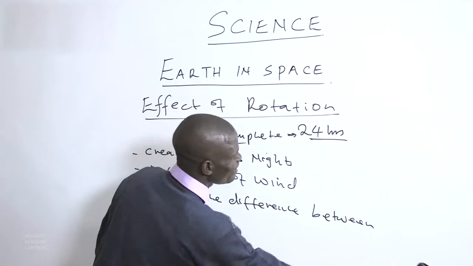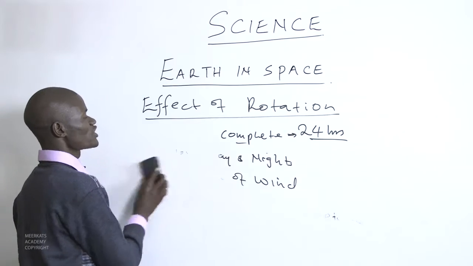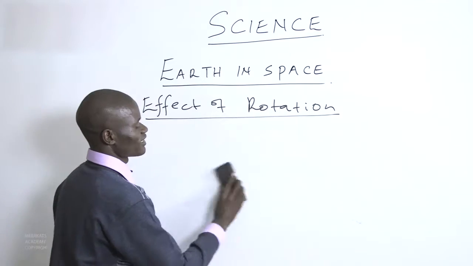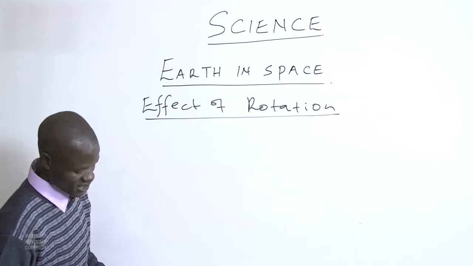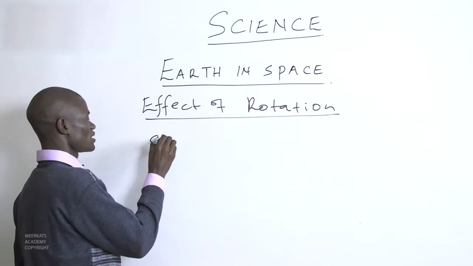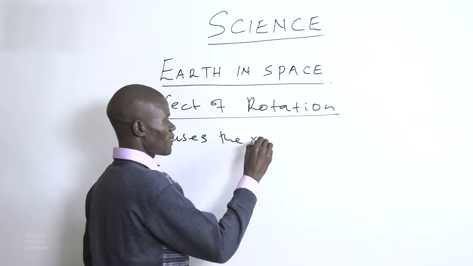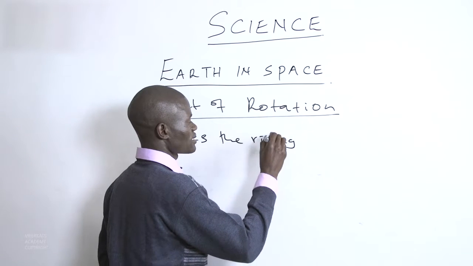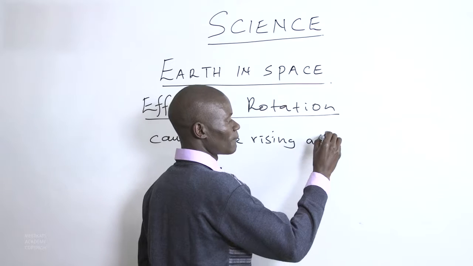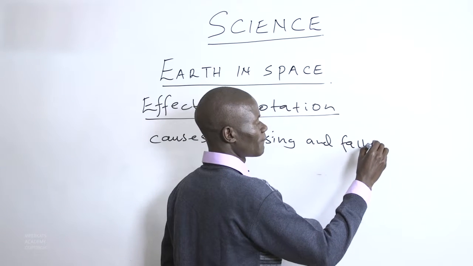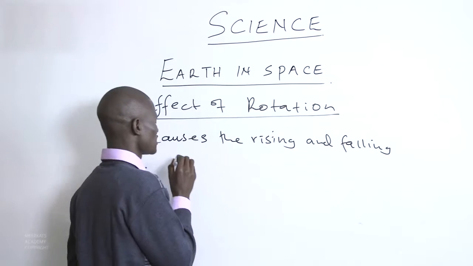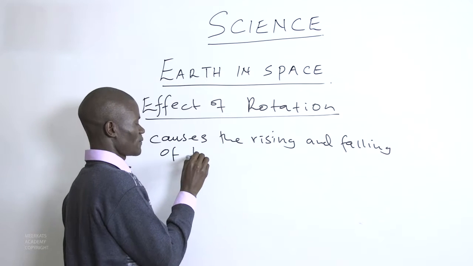As the Earth rotates on its own axis, the last effect that it causes is the rising and the falling of ocean tides.